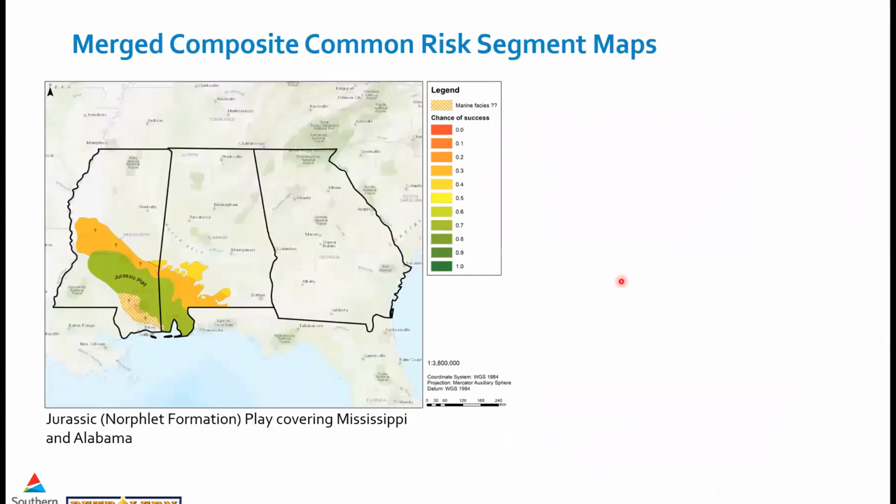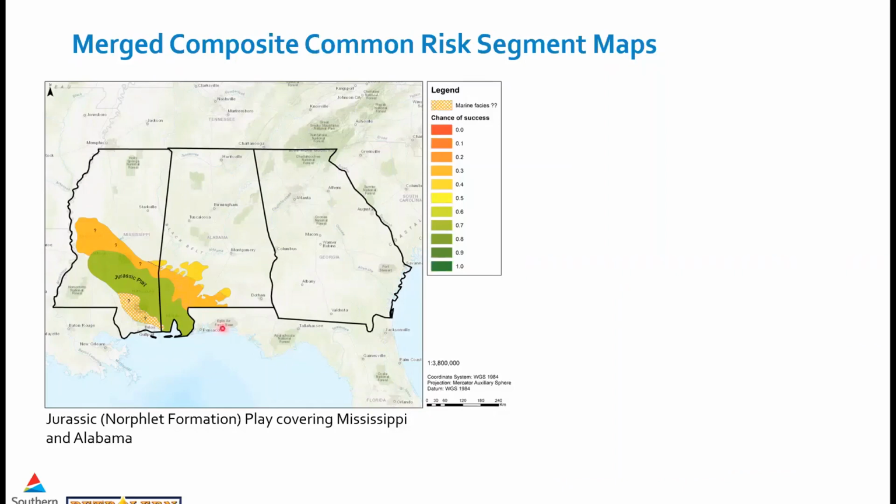So what we did was merge the composite common risk segment maps, because that is the whole essence of doing the play maps. You can do individual area of interest plays, but as soon as you cross borders or the outlines of these areas of interest, it should be seamless when you're looking at the geology, because geology doesn't follow any man-made borders.